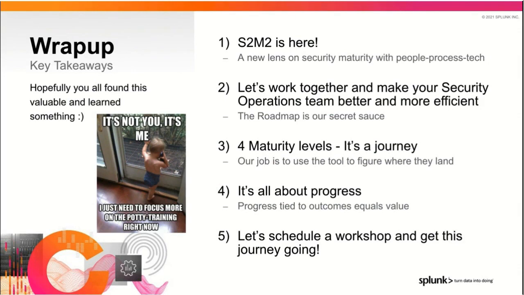We really want to help you develop that roadmap and lay out what the journey actually looks like for you. And again, that journey, it's 4 maturity levels. It's a process, but our job is to use this tool to help figure out where you are versus where you want to get to. And it's all about progress. Progress tied to outcomes equals value. So let's schedule a workshop and get this thing going.